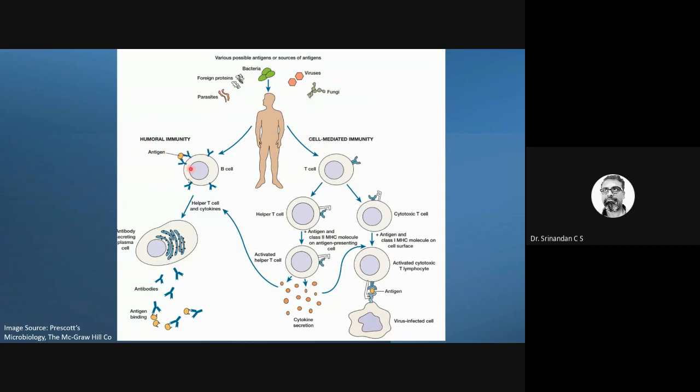Whereas in humoral immunity, the antibodies will be produced by the B cell, and they will act against the bacteria essentially. Here, for example, you can see the yellow color is bacteria. The antibodies, the Y-shaped things, will bind to them and neutralize them. They cannot grow further because of this.